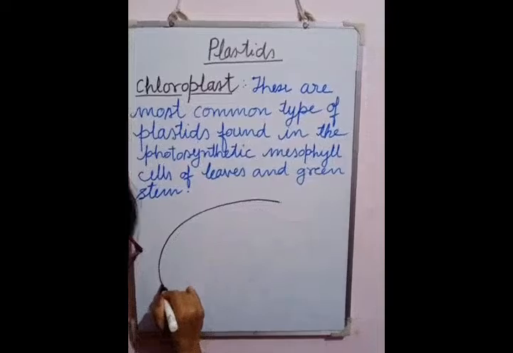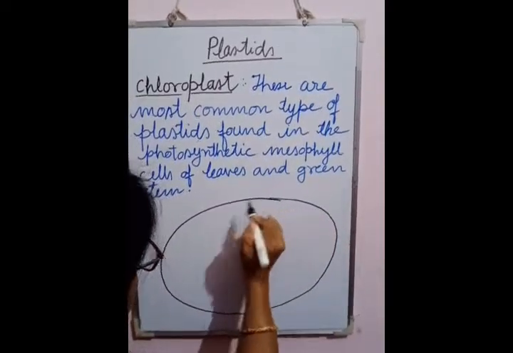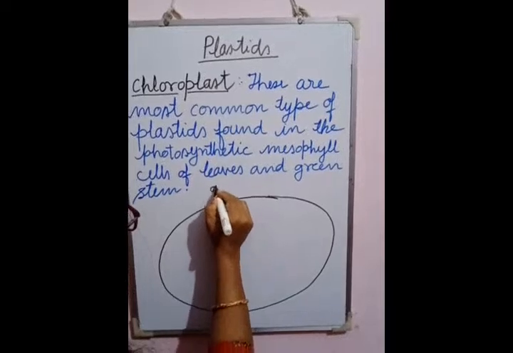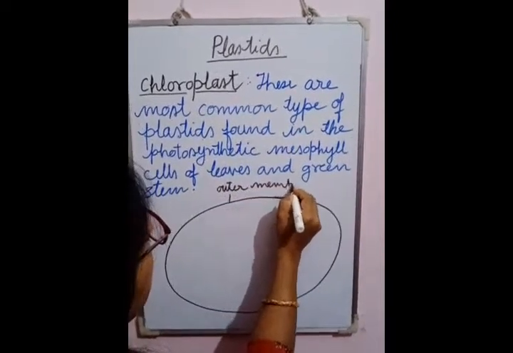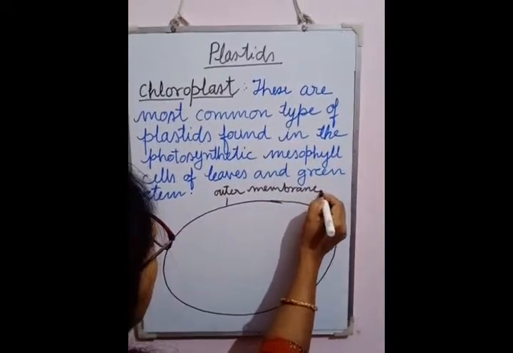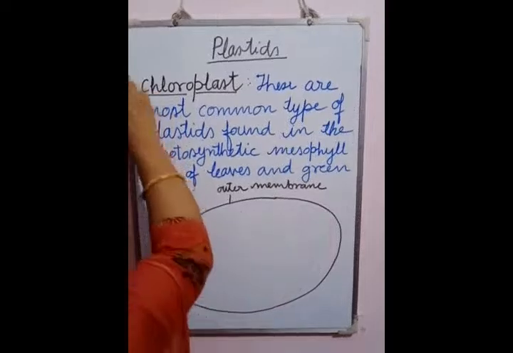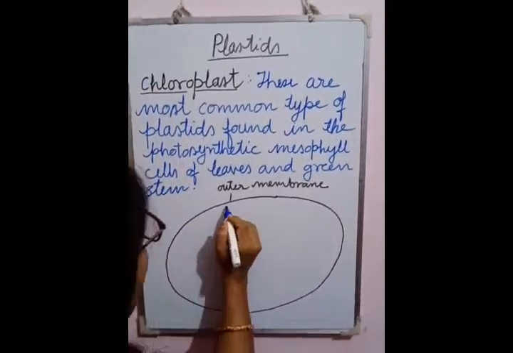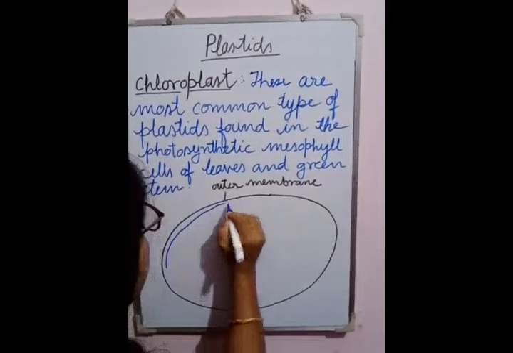This is the outer membrane. It has less protein and is more permeable. And this is the inner membrane.